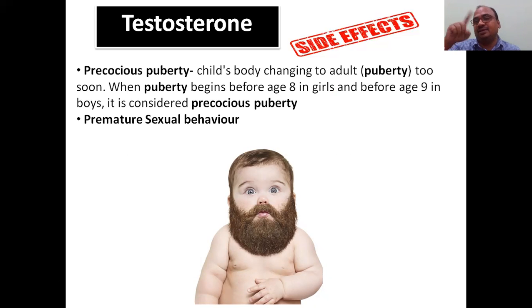Before the age of 8 in girls and 9 in boys, you have to consider it precocious puberty. It is very dangerous. Premature sexual behavior. In the 6th class itself, they will get married because of the hormonal problems. No love, nothing is there. Only hormones are working. That's it.